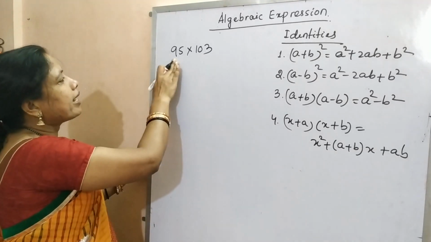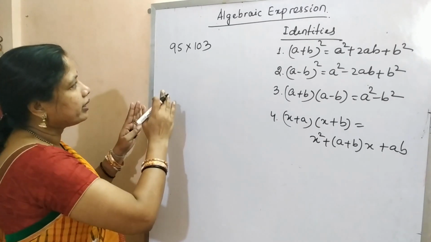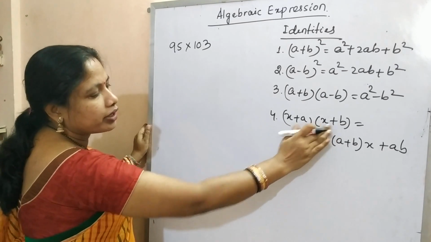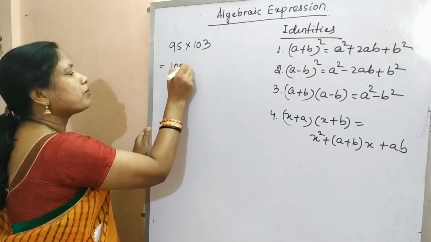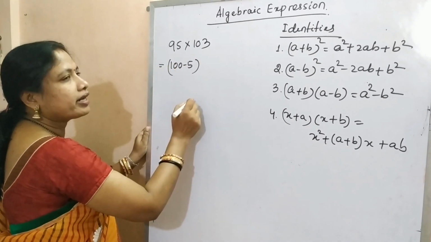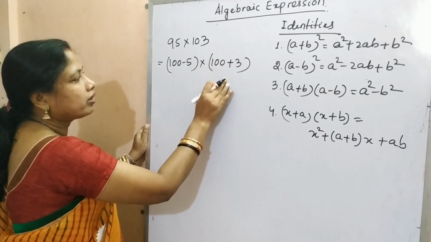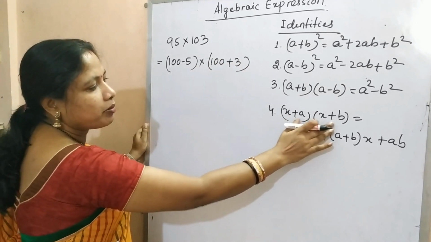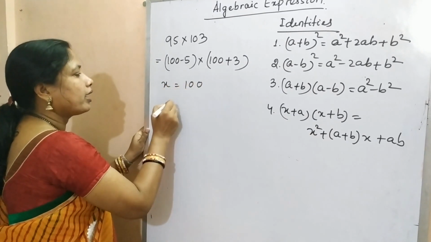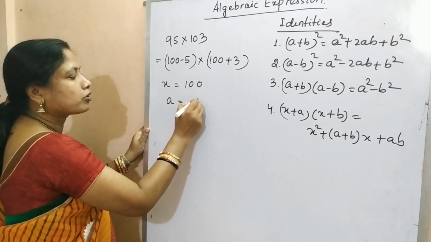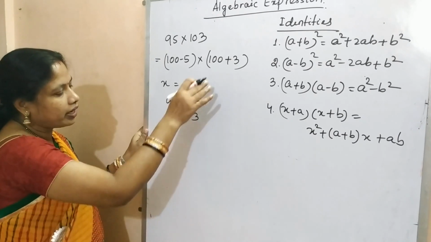Next, 95 multiplied with 103. First we will convert it into this form, x plus a whole into x plus b. So 95 can be written as 100 minus 5 and 103 can be written as 100 plus 3. So this is in the form of x plus a multiplied with x plus b, where x is equal to 100, a is equal to minus 5 and b is equal to 3. Then we apply the identity.